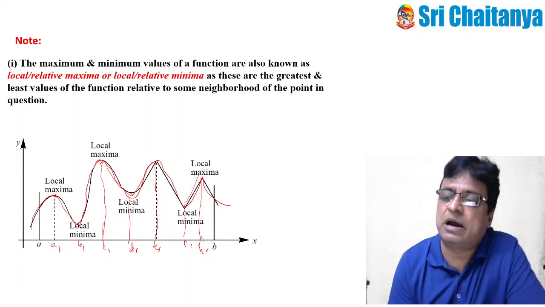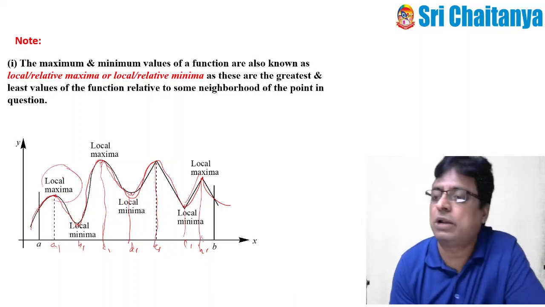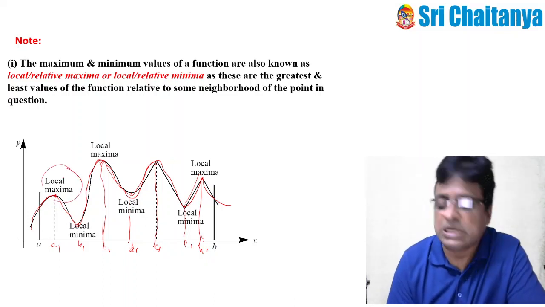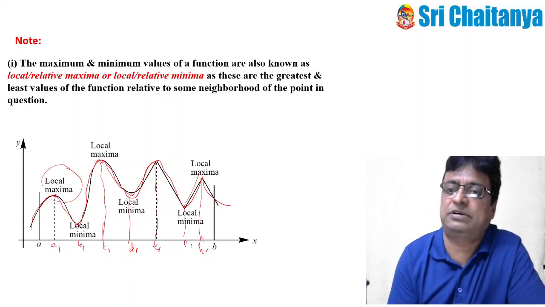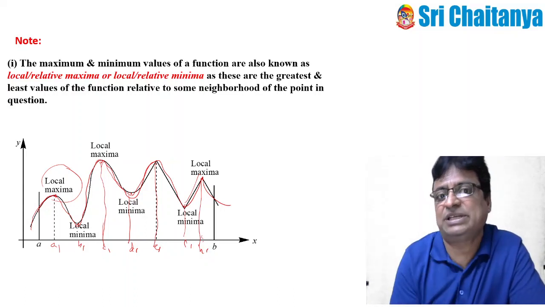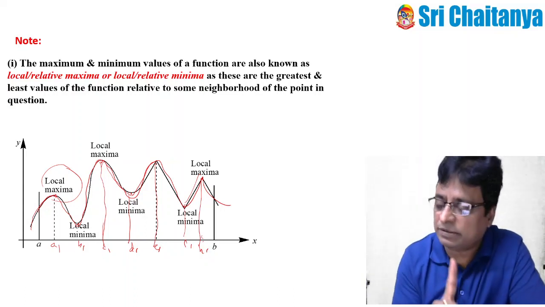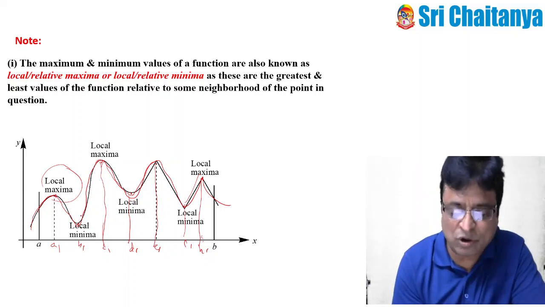These maxima and minima values are called local maxima or local minima. See the beauty in the terms. Try to understand the language of the terms, especially what we are focusing on here. Don't use just maximum. They are called local maxima. This is local minimum.